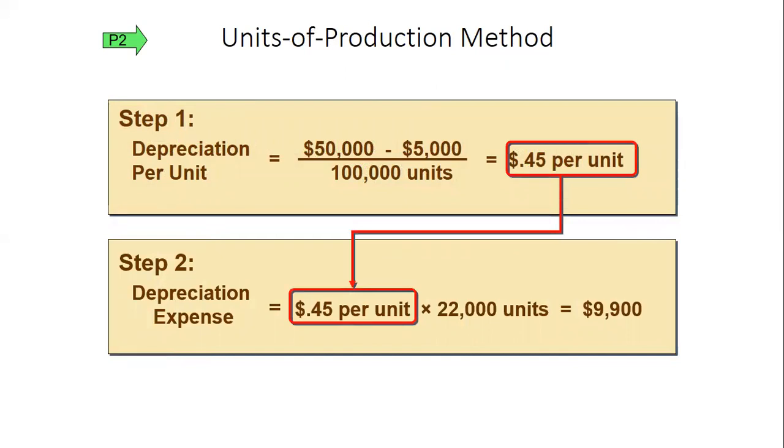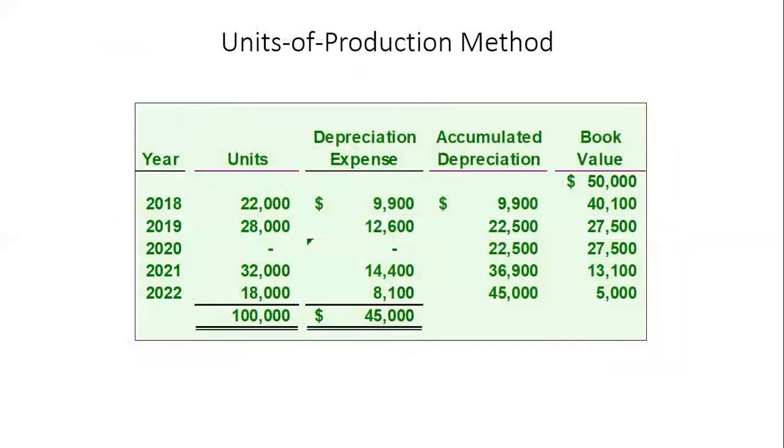Kagaya ng diniscuss ko, step 1, 50,000 less 5,000 over 100,000 units. So 0.45 per unit is the depreciation per unit. So you produce 22,000 units, so 0.45 per unit multiplied by 22,000 units, which is 9,900. So this is the summary for units of production method.